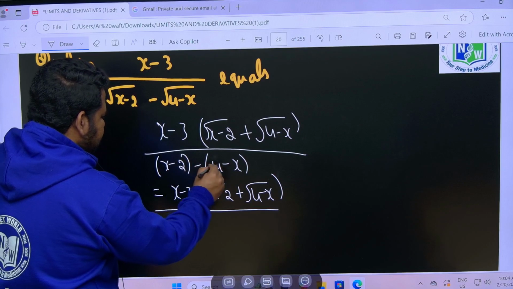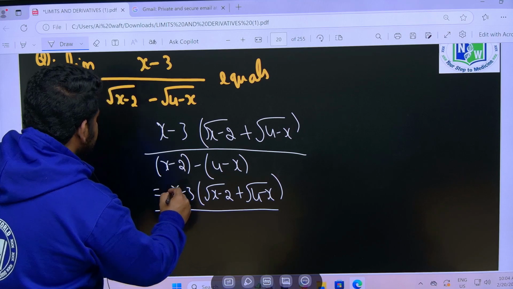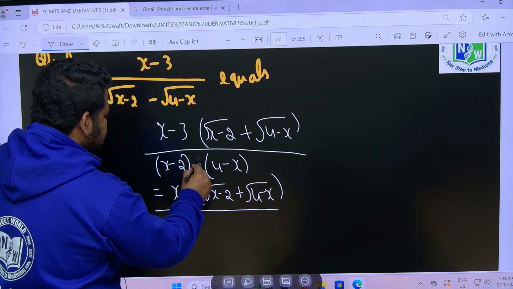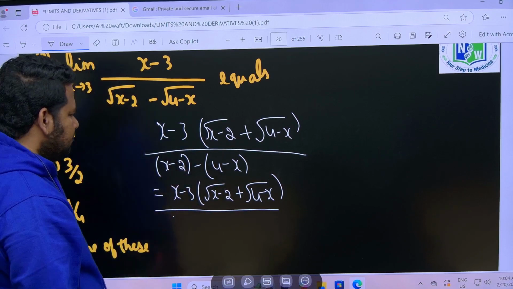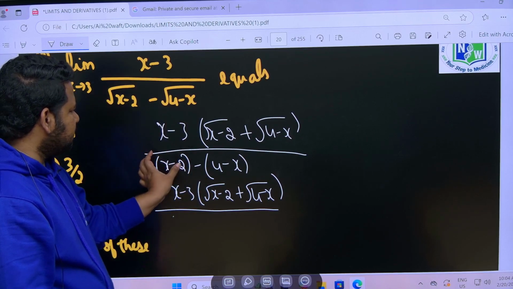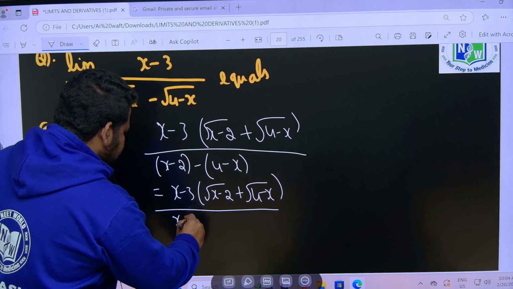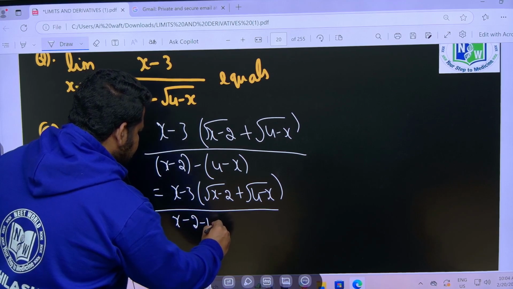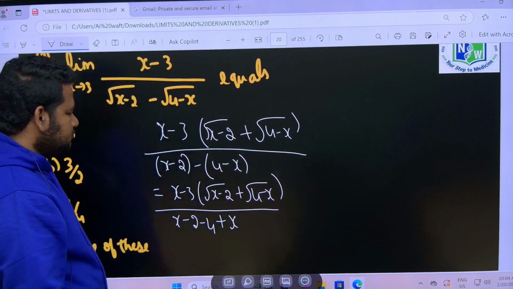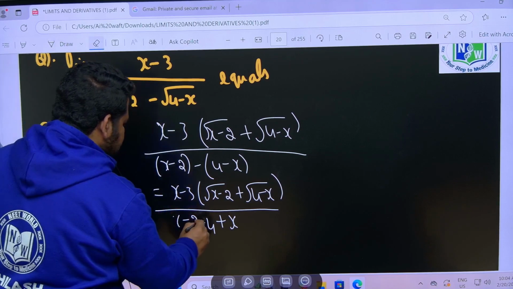So a minus b into a plus b will be a square minus b square. This will be x minus 2 minus 4, minus into minus is plus x. So this will be equal to 2x minus 6. I can write this as 2x minus 6.